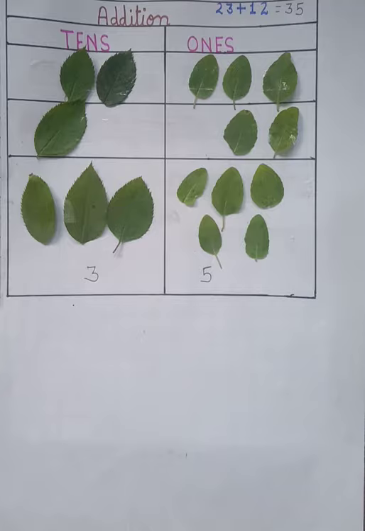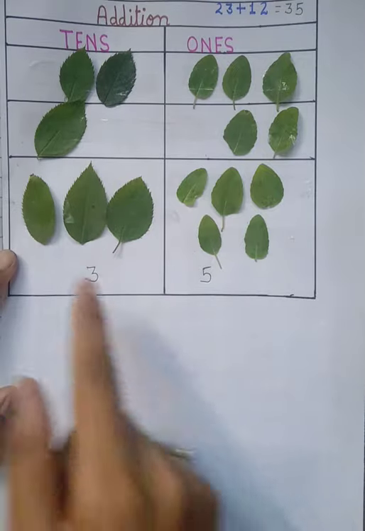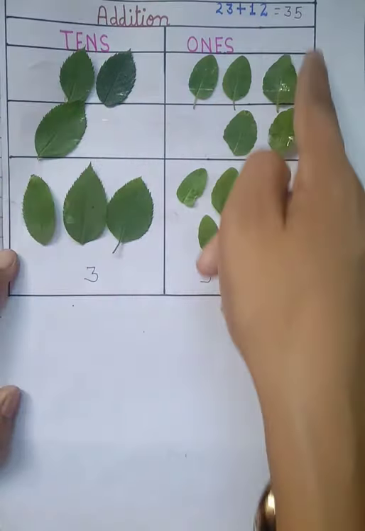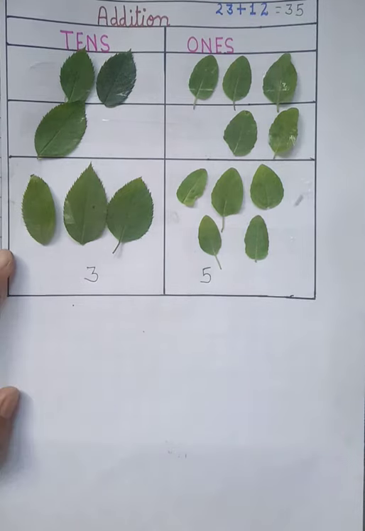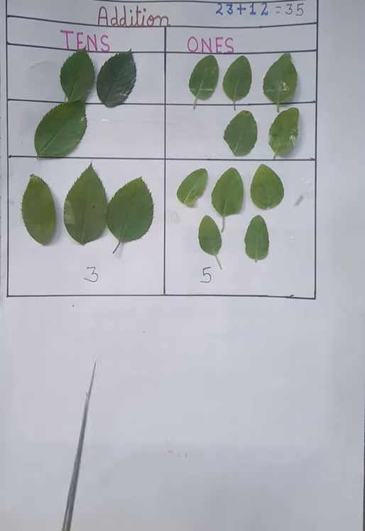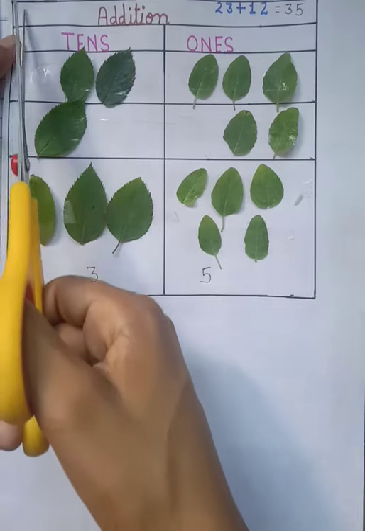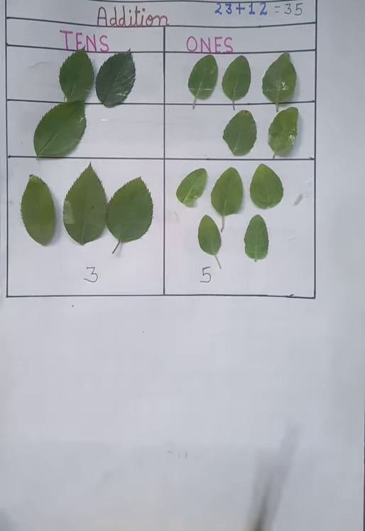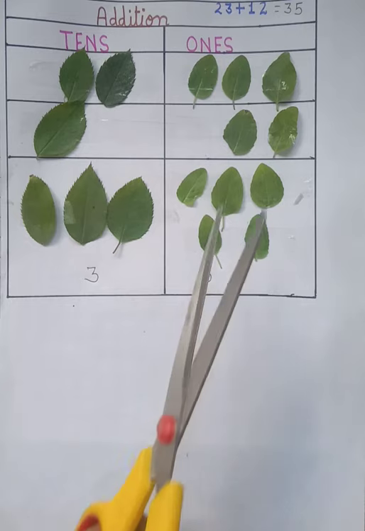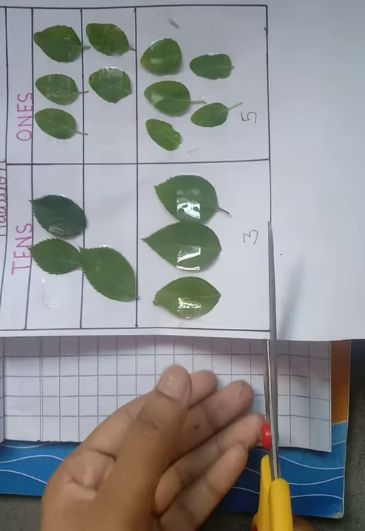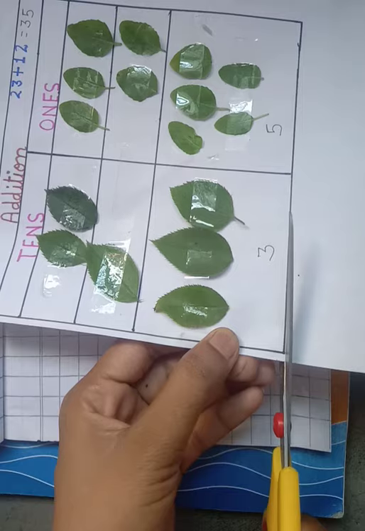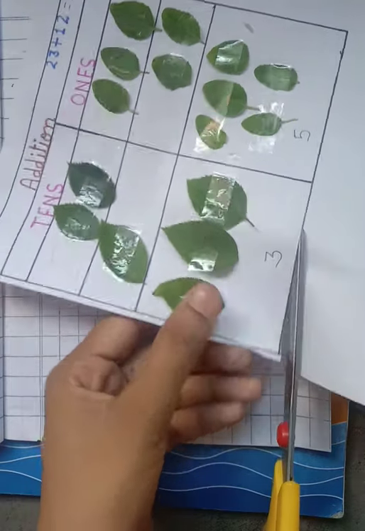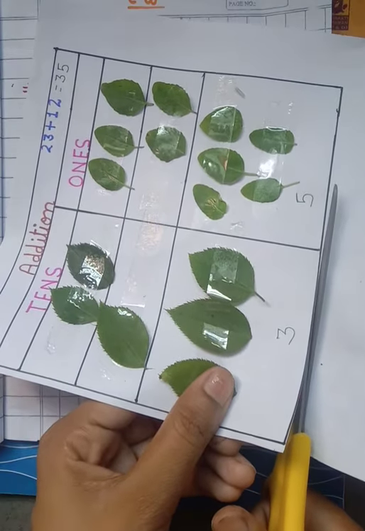Now you have to cut this square with the help of scissors, and then paste this square in your maths notebook. Now I am going to cut it with the help of scissors, like this. Cut it very carefully.